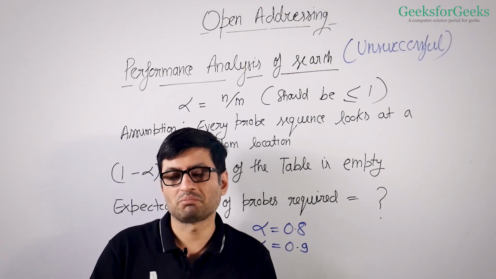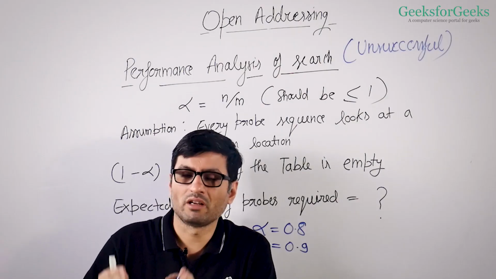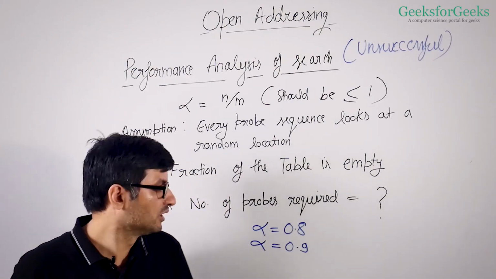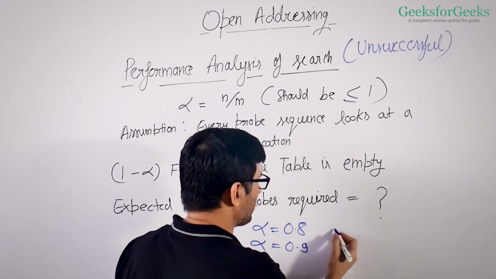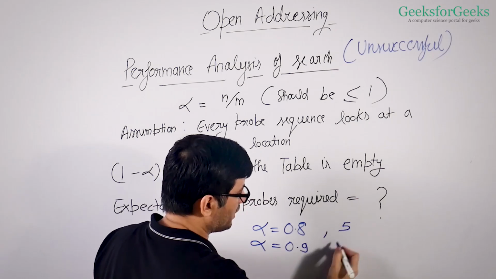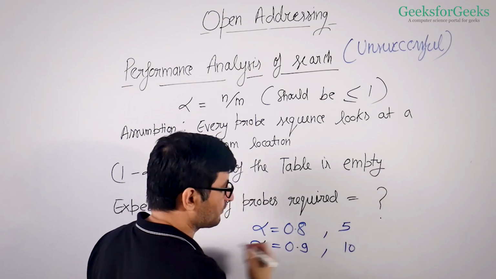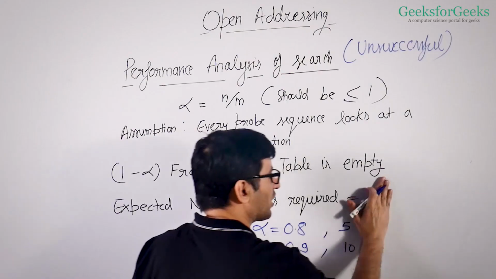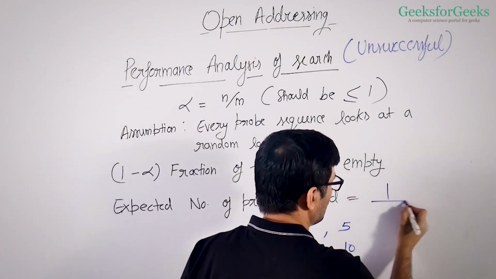On average, you will find 9 occupied slots and then the 10th slot will be free. So for 0.8, your expected number of probes for an unsuccessful search was 5 and here it is 10. Can you guess the expression here? It will be 1 upon 1 minus alpha.